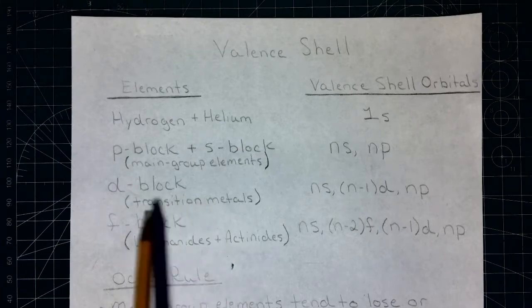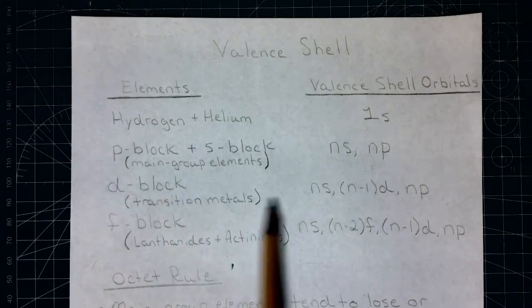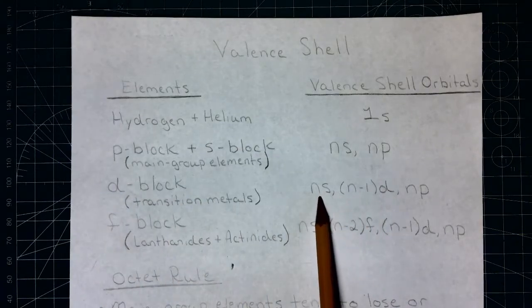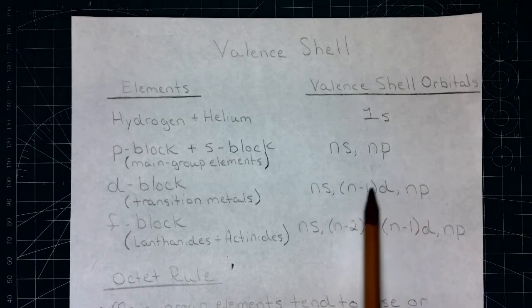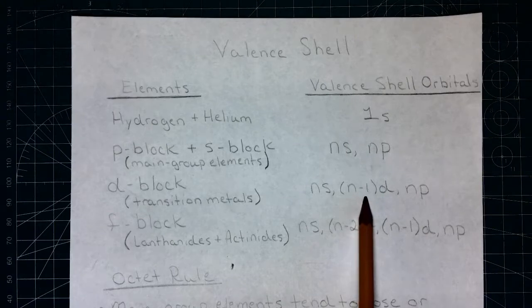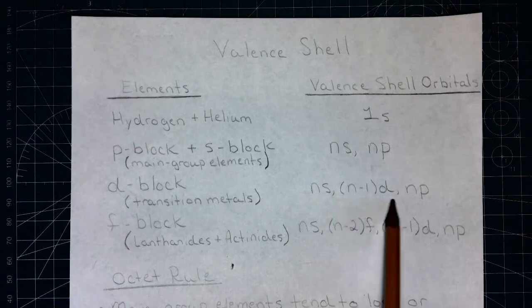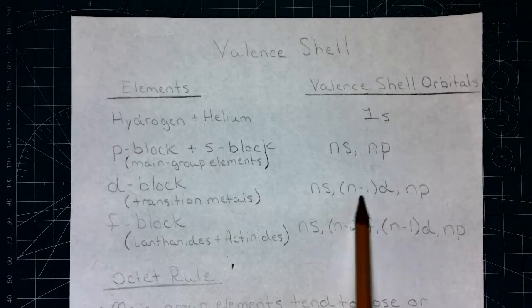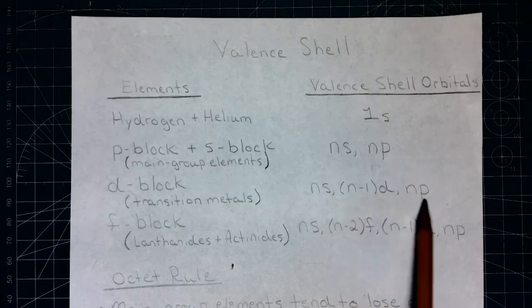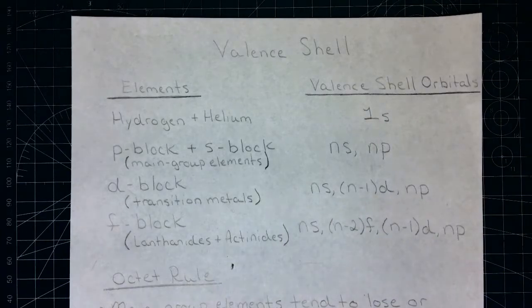For the transition metals, which are in the d block, we're going to have both the ns and np orbitals, but also the (n-1)d orbitals. If you remember the Aufbau principle, that's because we're filling these in before we get to the np orbitals.